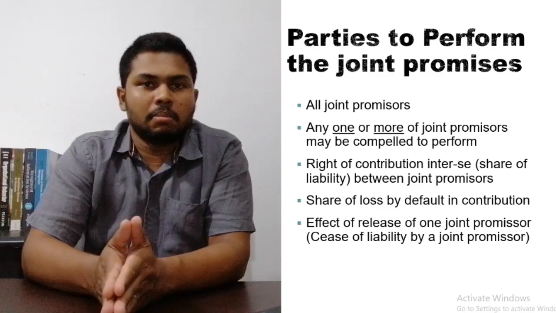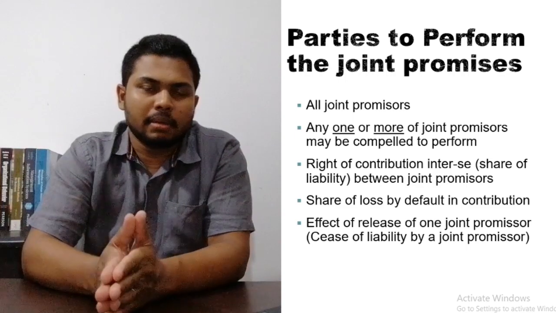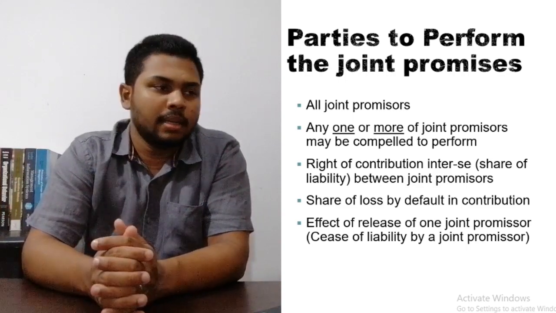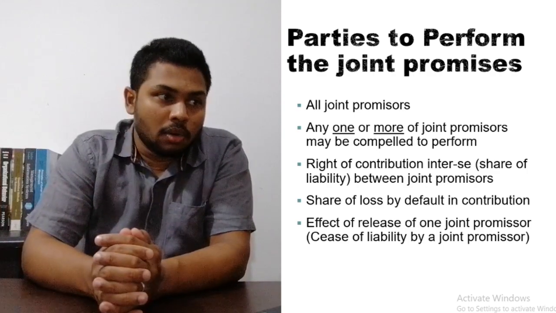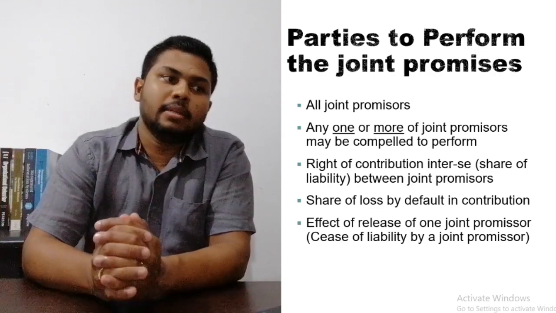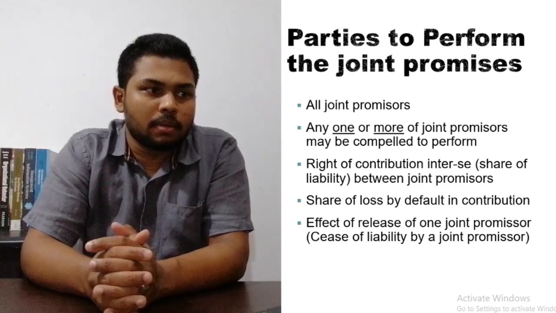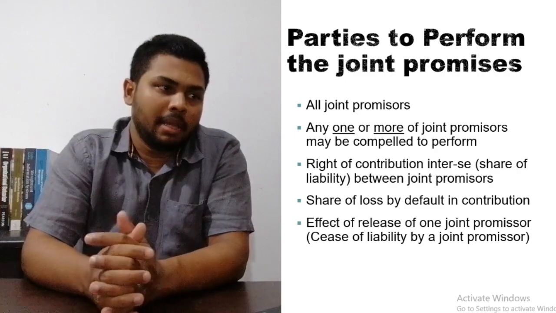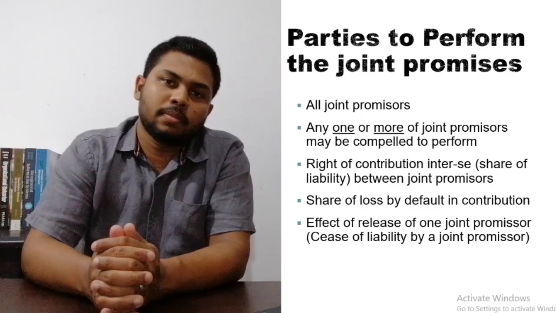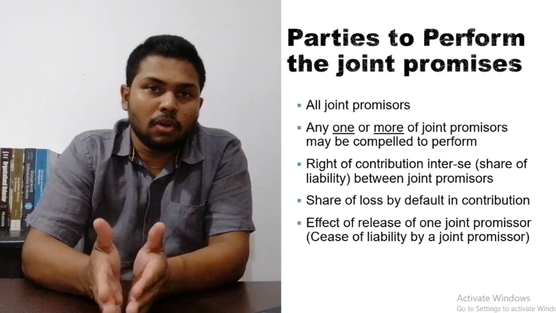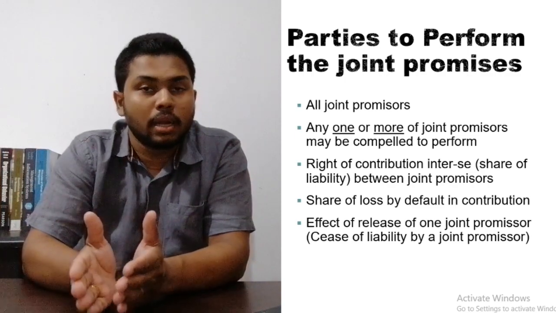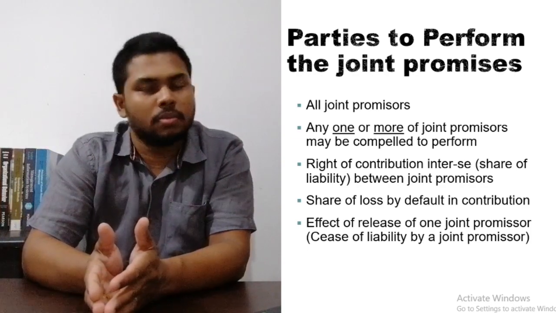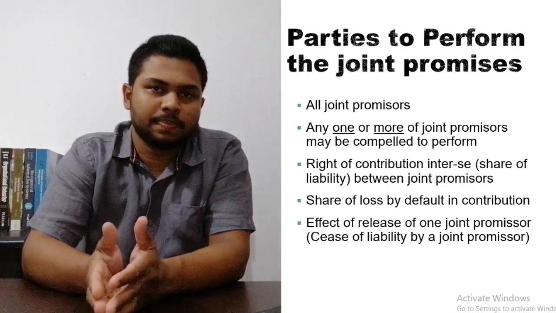If there are more than two parties, they definitely have to perform this promise, and any one or more of the joint promisors may be compelled to perform by the promisee. So the personalities have to perform it.